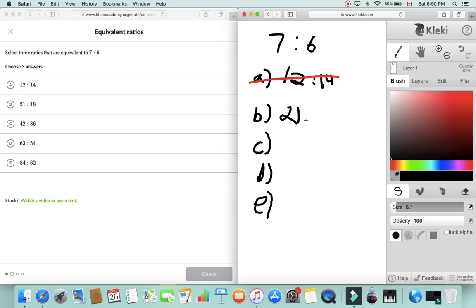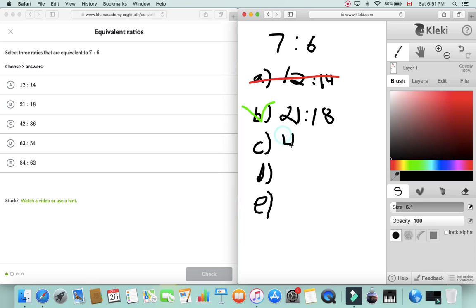21 to 18. So like for every question, just pause the video if you want to figure it out yourself. Okay, so can you get from 7 to 21? Well, if you multiply it by 3, yes, on both sides. So let's do that.